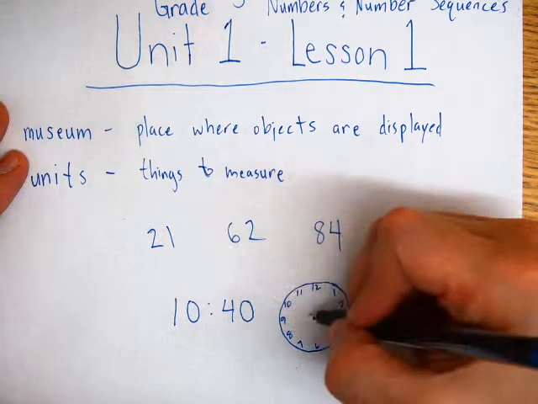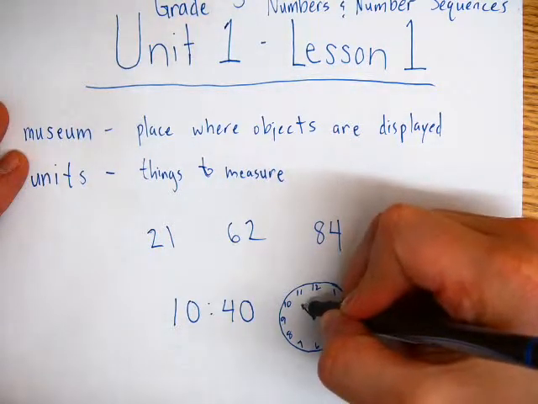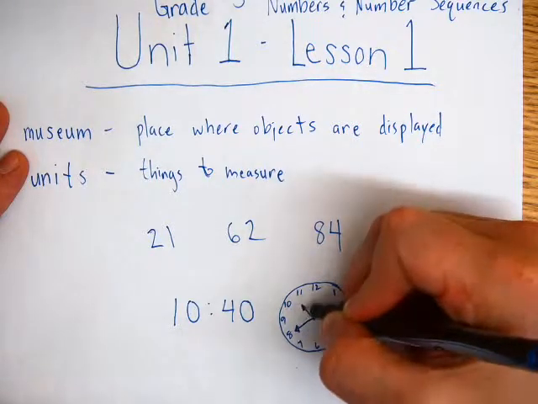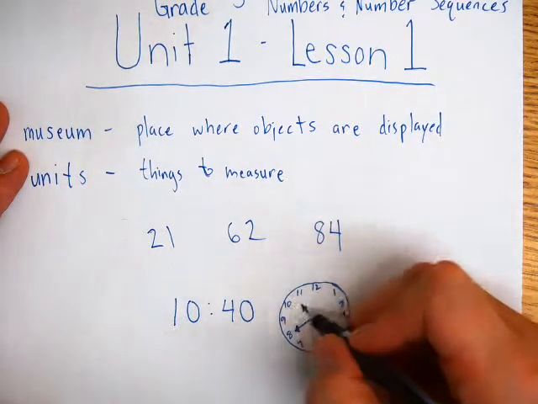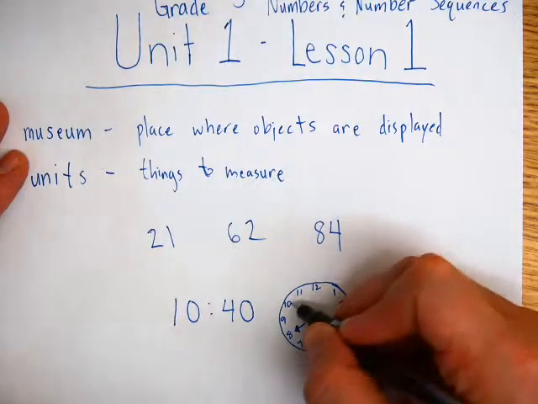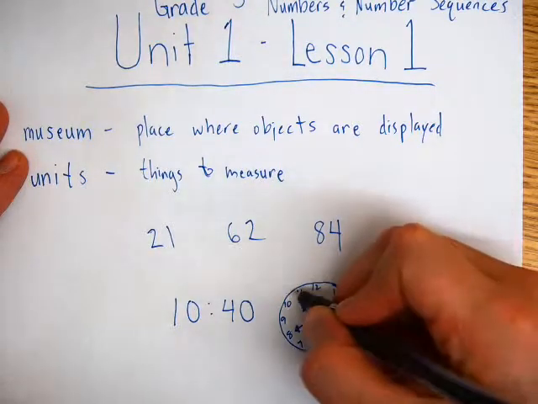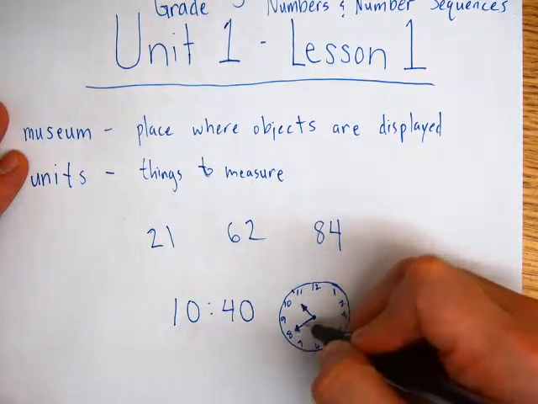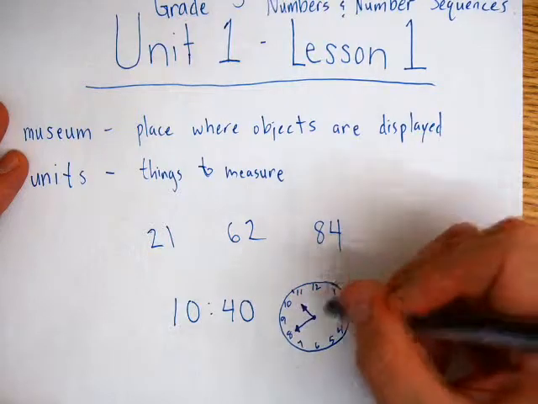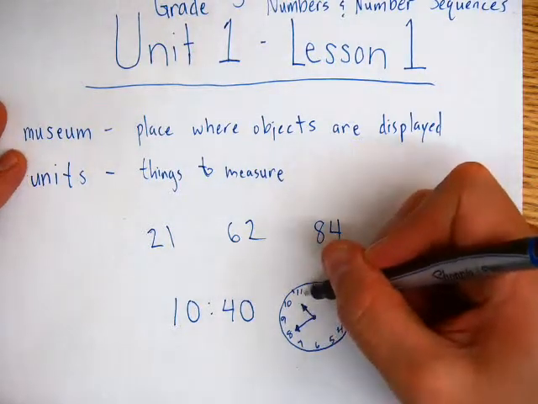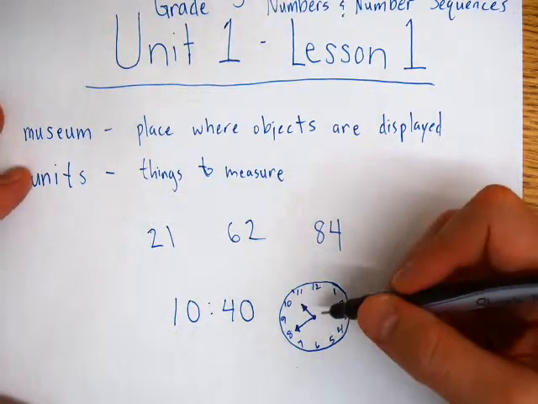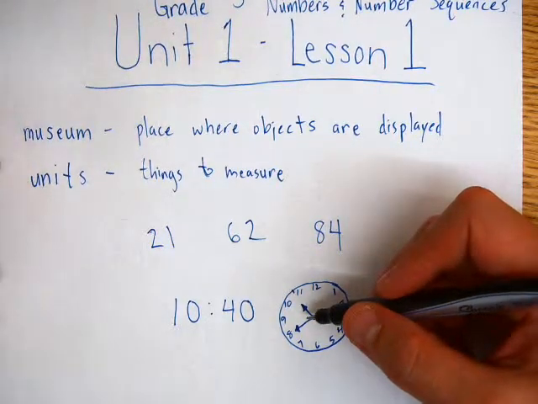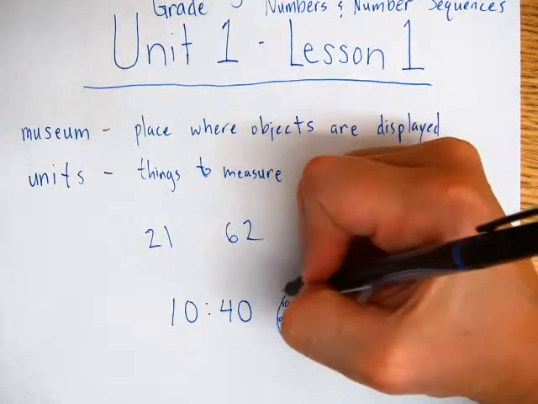We would still want them to say, well, 10:40 is going to be about here. Making sure that the hour hand is not on the hour, but in between the two hours. We want this about 2/3 of the way, based on the number of minutes. So it's 10:40, so it's getting toward the 11 now. They can't just draw it onto the 10 because that'll be marked wrong, because if you look at the clock, that's not where it is.